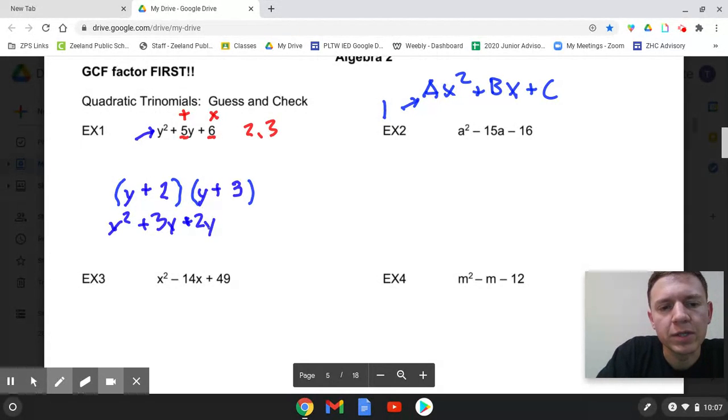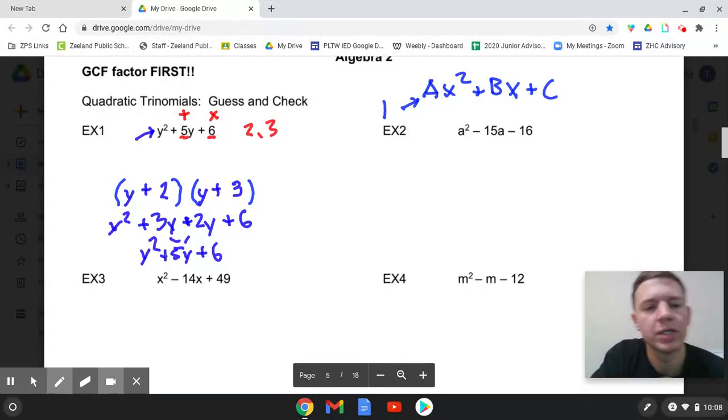The last thing I have to do, the L of the FOIL, 2 times 3 is 6. Then just add like terms. 3y plus 2y is 5y. Bring down my other 2 things. Y squared plus 5y plus 6. Is that what we started with? It sure is. Nice job.